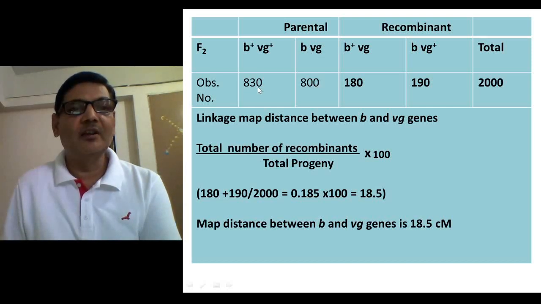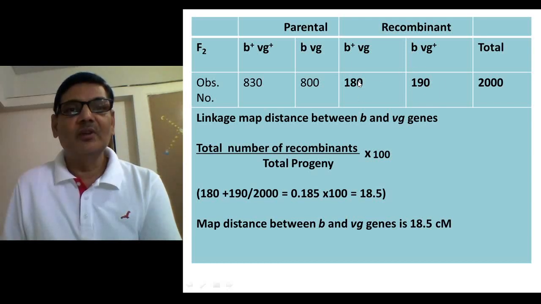They are 830 and 800 in number. Then you have recombinant types like B plus and Vg, those with gray body color and vestigial wing, they are 118 in number. Then you have flies with black body color and long wing, they are 119 in number. So you have to simply count the number of recombinant types.